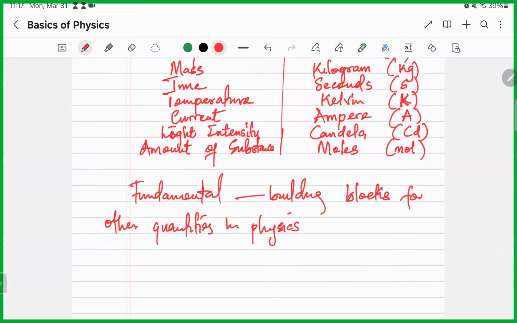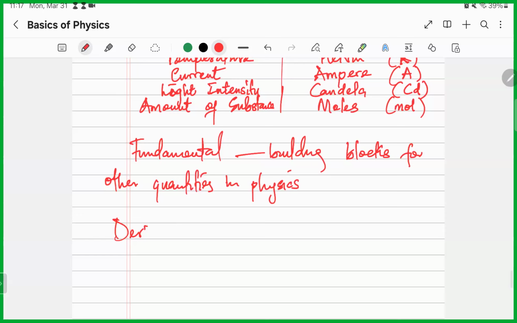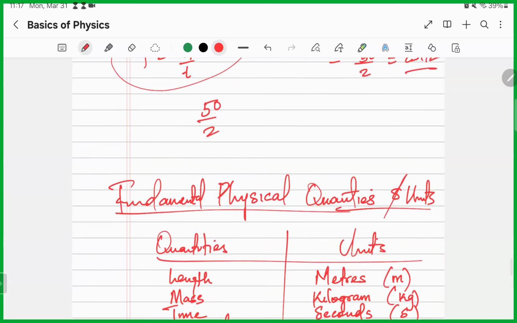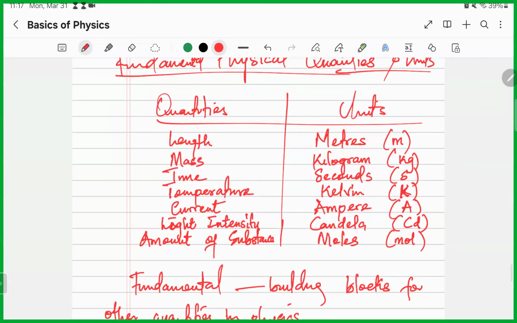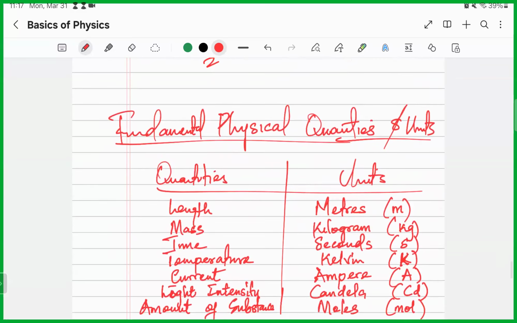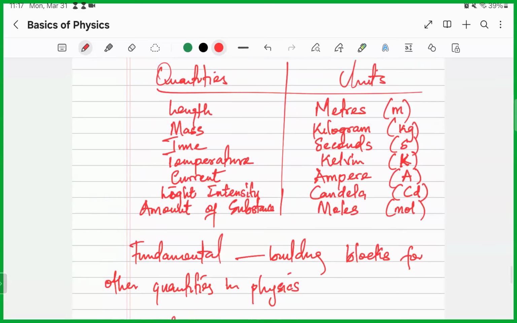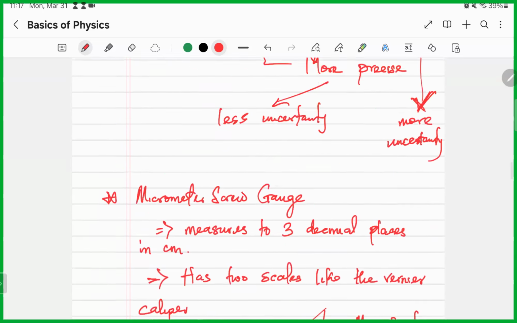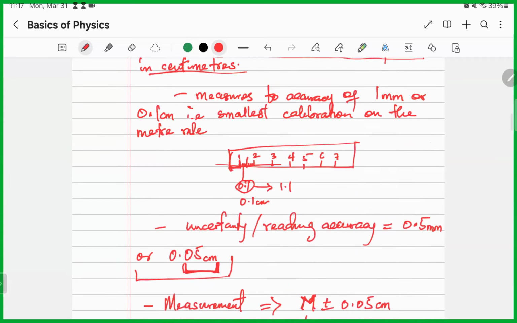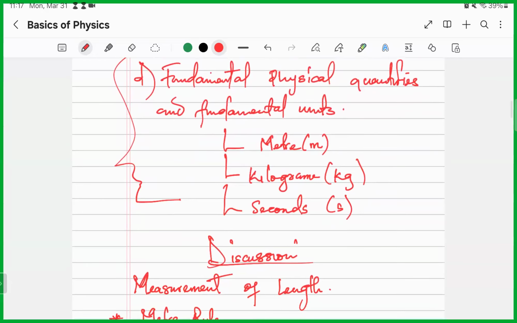The derived quantities are what we call derived. Oh, we have not yet talked about derived, sorry. So we are still in fundamental quantities and their units, right? That's what we said we were going to talk about. In our subsequent videos, we'll try to establish some other points for basic physics.